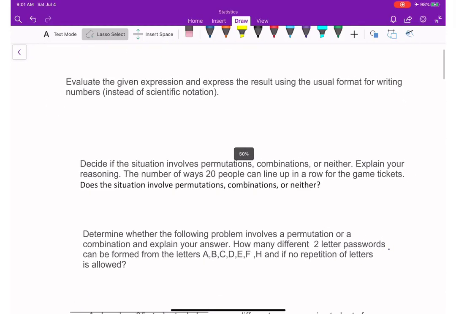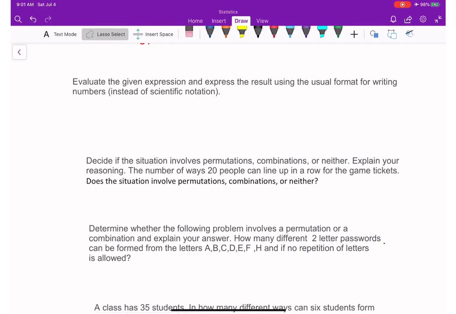Okay, question 1. Evaluate the given expression and express the result using the usual format for writing numbers. And you are given permutation 2 out of 44. So that means 44 factorial, open the formula.